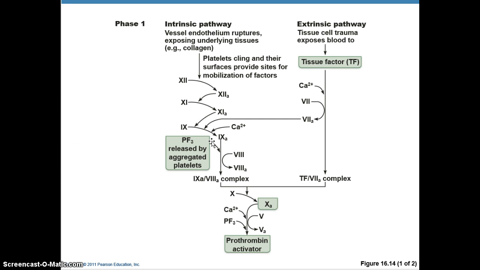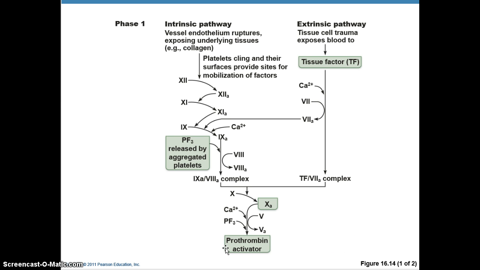And I'm going to show you the parts of this slide that you need to know. So on the last slide, we talked about the intrinsic pathway and the extrinsic pathway. Intrinsic just means that the signal for coagulation is coming from the platelets. So when the platelets stick to the connective tissue, they release a chemical or protein called platelet factor 3. Platelet factor 3 leads to the production of this thing called prothrombin activator, and that's where coagulation starts.